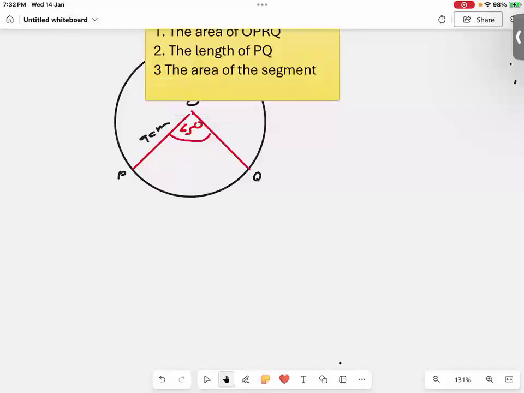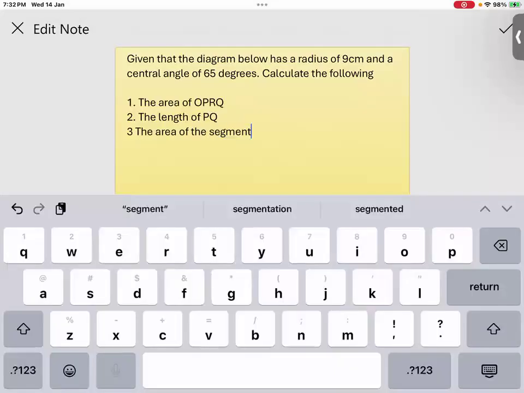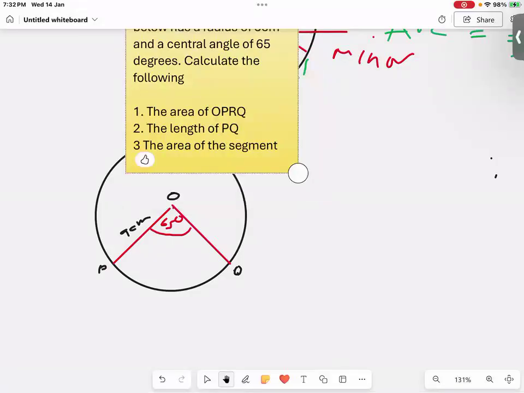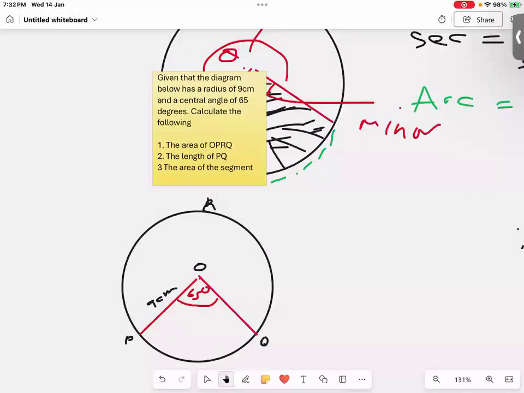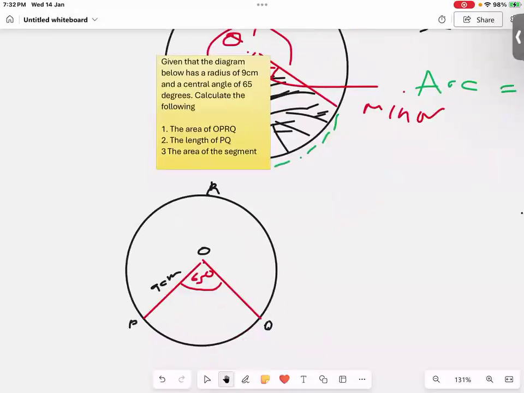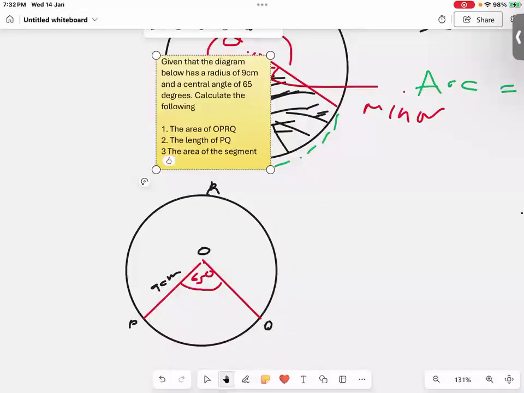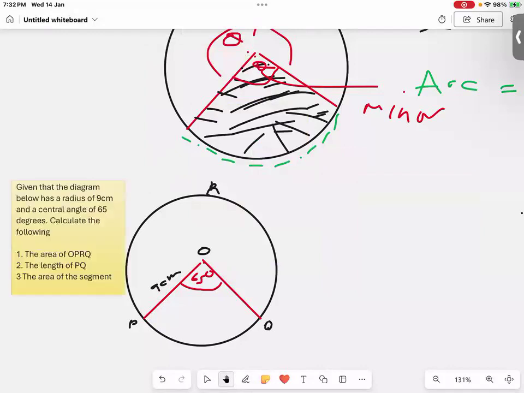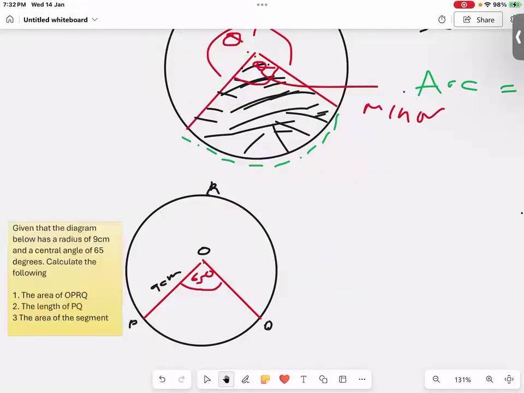So I'm going to move this here. All right, so we're going to move it to the side here.